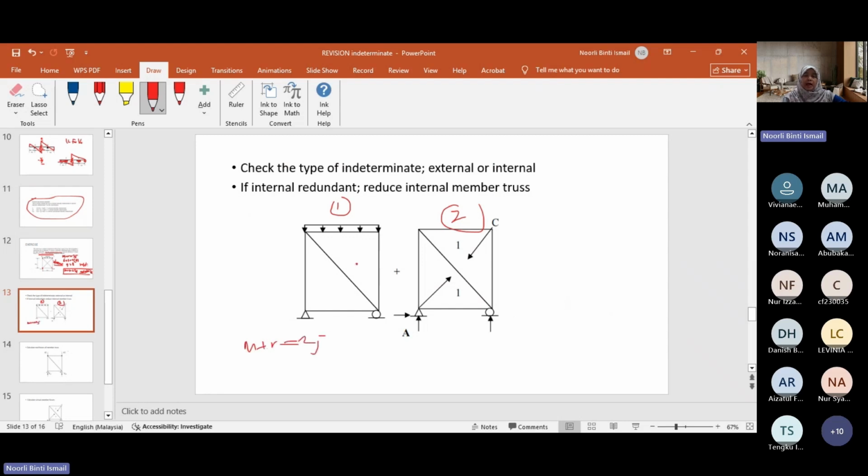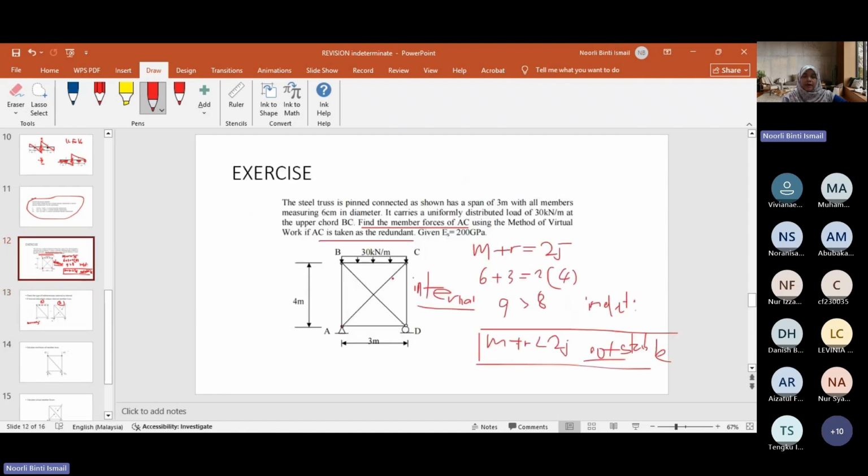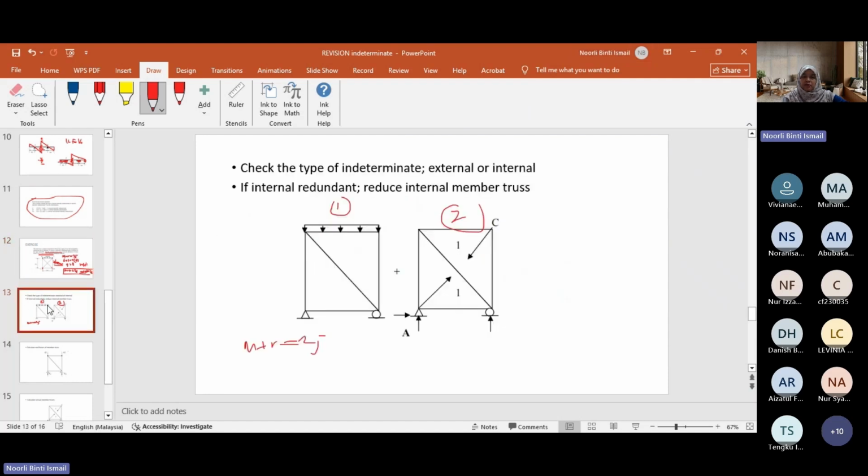Then you can calculate the member forces of the truss. For this type, you will have more than one set of member forces, there must be two. So now you find member forces for diagram 1 and then continue with diagram 2.